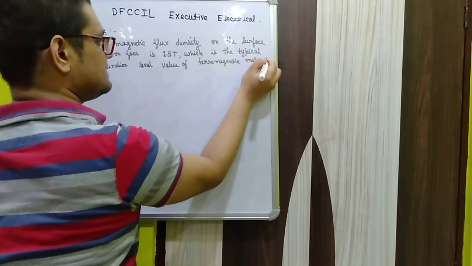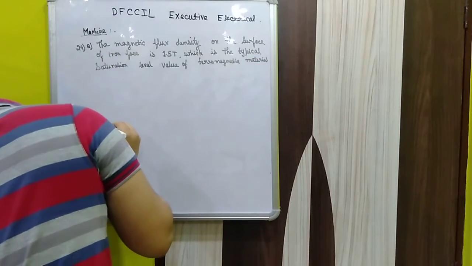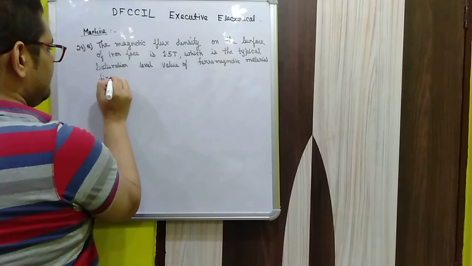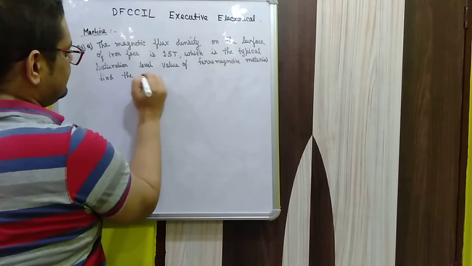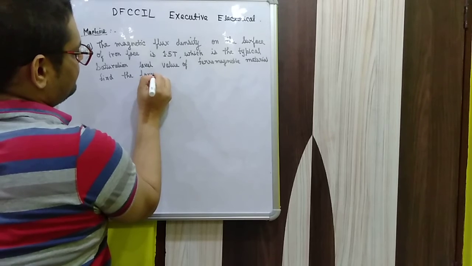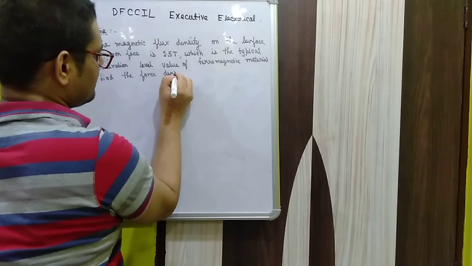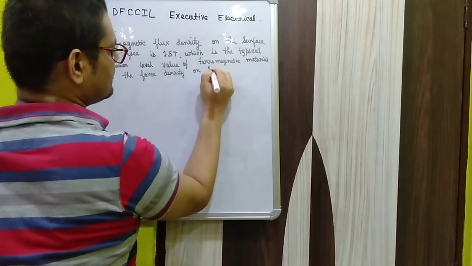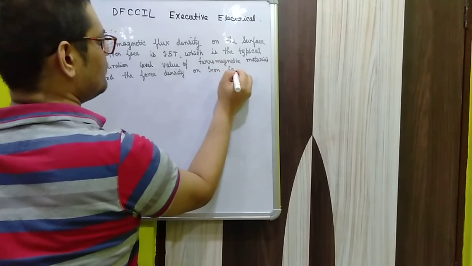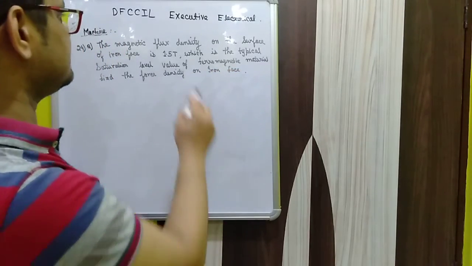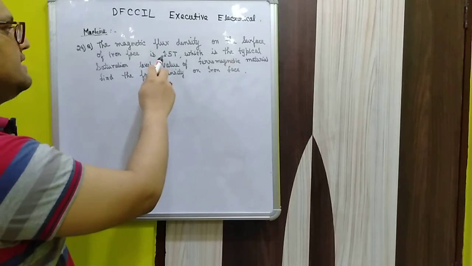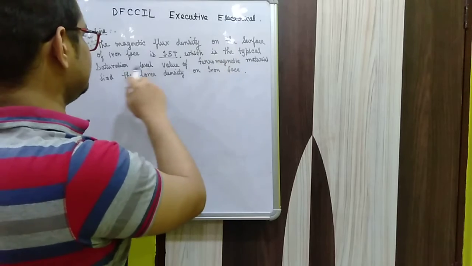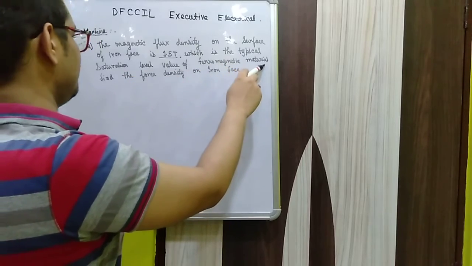What they are asking in the question is to find the force density on the iron phase. The flux density on the surface of the iron phase is given as 1.5 Tesla, which is the typical saturation level of the ferromagnetic material.